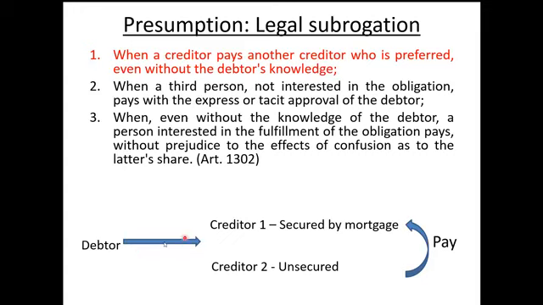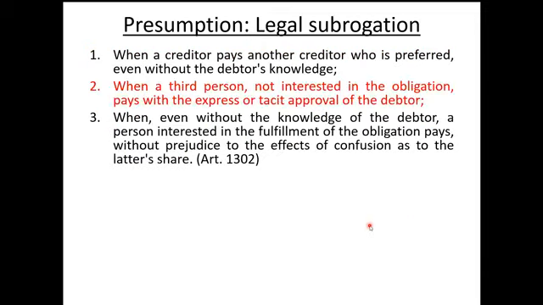The debtor is indebted to creditor 1 for 1 million secured by real estate mortgage. But the debtor is also indebted to creditor number 2 for 1 million pero unsecured. If creditor number 2 binayaran niya si creditor number 1 ng 1 million, even without the consent ng debtor, the creditor 2 will subrogate to the right of creditor 1. Kaya entitled na siya sa mortgage. Kasi a creditor pays another creditor who is preferred.